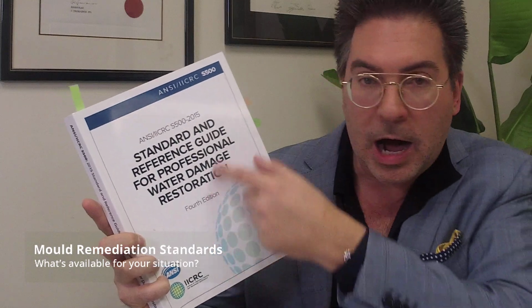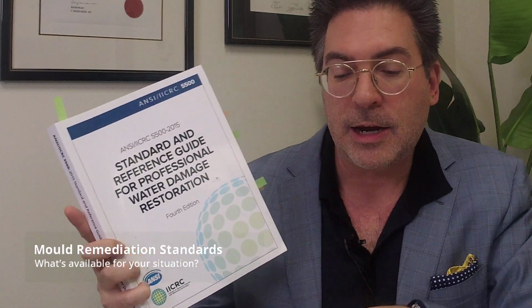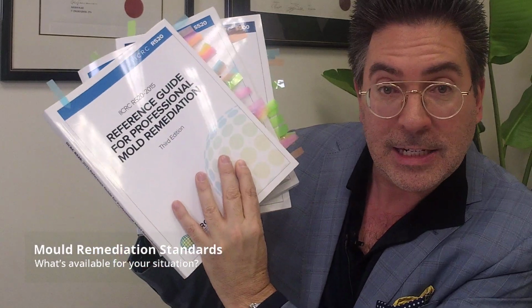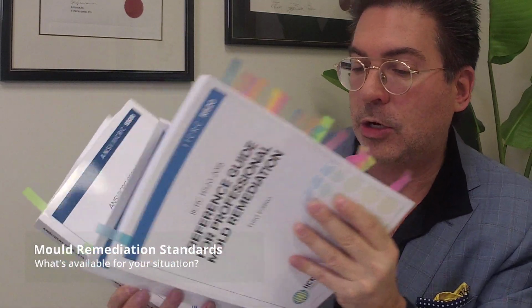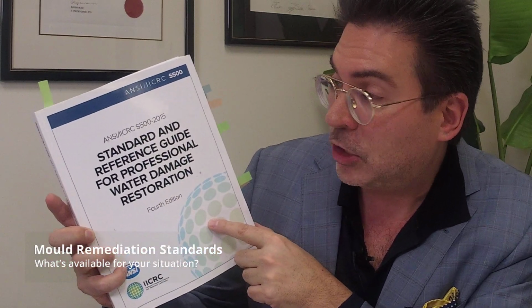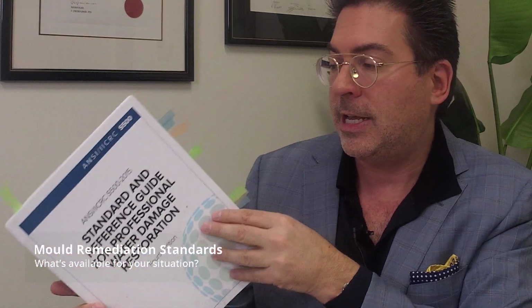Now, I told you that there is a standard and reference guide. There's a series of related documents which I'm going to get into. But before I do that, the first one is the 4th edition, the 2015 edition.